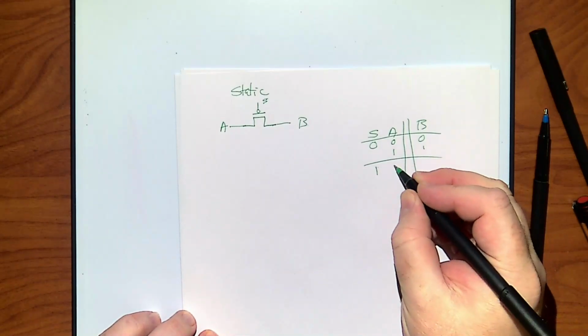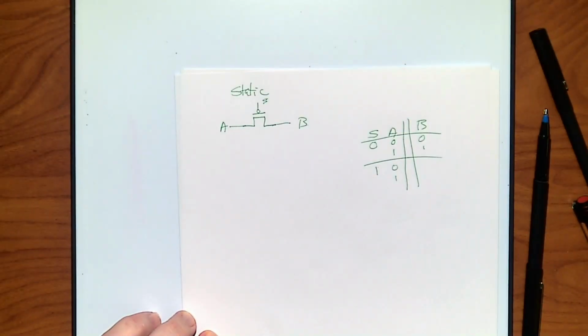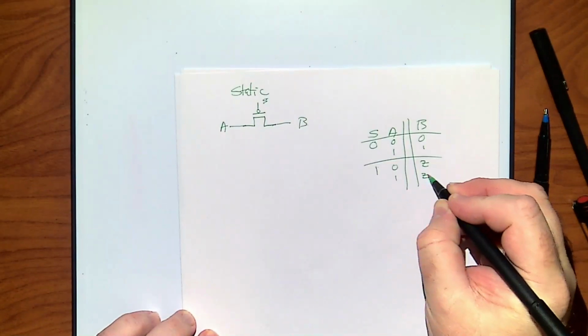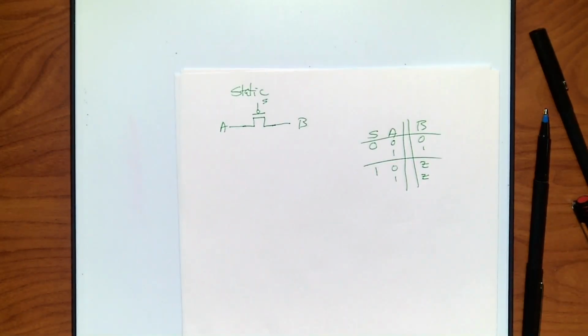So what's the relation between A and B? B is a high impedance connection. So we put a Z here, meaning it's floating. If you attach something else onto it, it'll override, because I'm not pushing anything. Make sense? Okay.